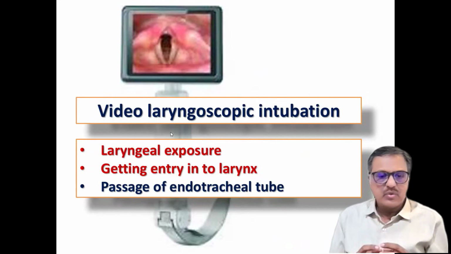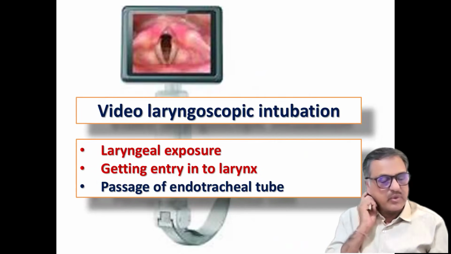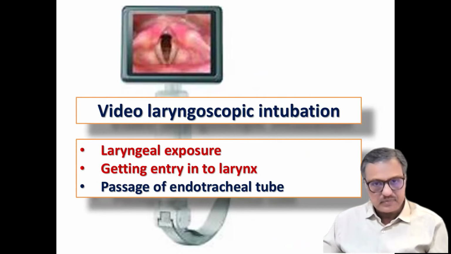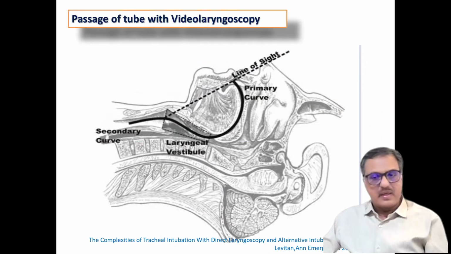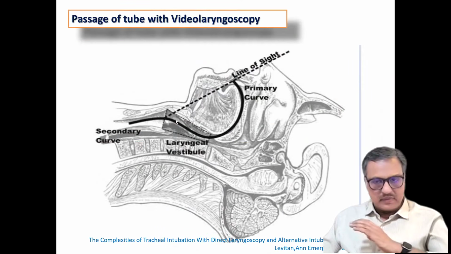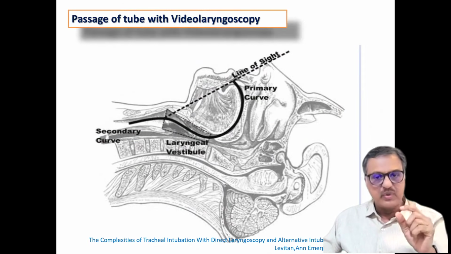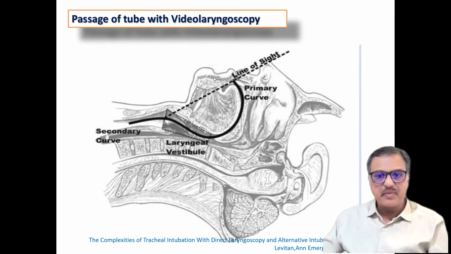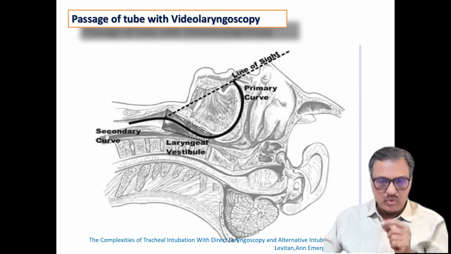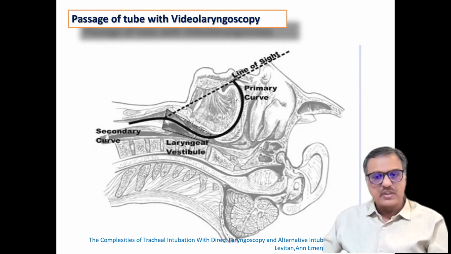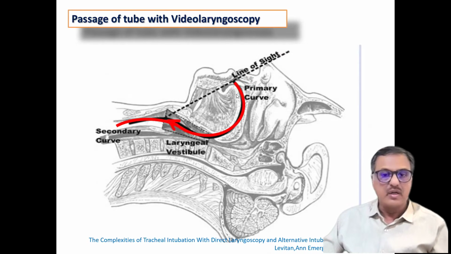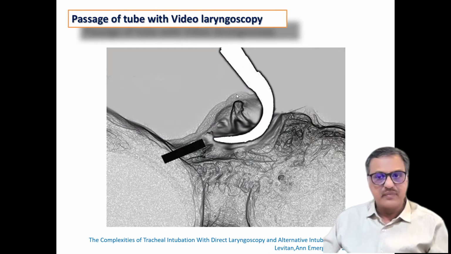Now coming to the third part, passage of the endotracheal tube. Again, with videolaryngoscopy we are not creating a channel for the passage of the endotracheal tube, so it has to be maneuvered along the primary curve and secondary curve, following the oropharyngeal laryngeal curve and laryngeal tracheal curve. That creates a difficulty.